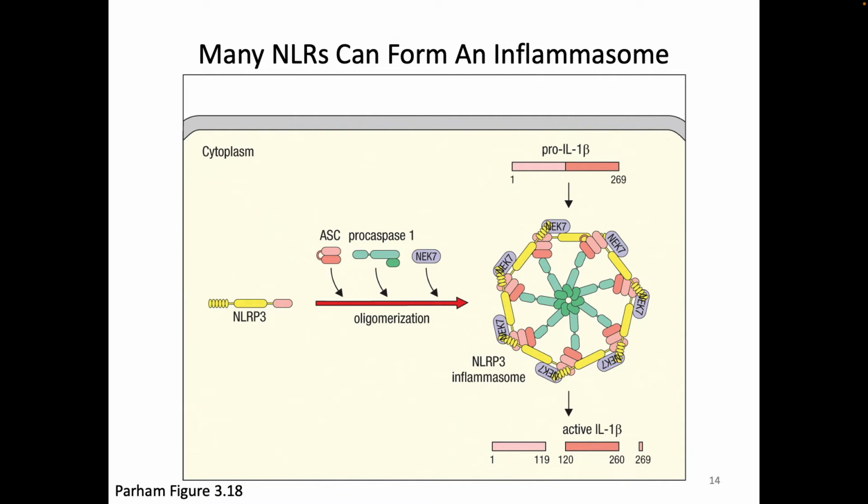And so NLRs are often really important for inducing an inflammasome, which can allow for the processing of cytokines, particularly IL-1 beta. There is a second thing that happens with the inflammasome. And in order to tell you about this second thing, I have to go back for another Bio-250 business.